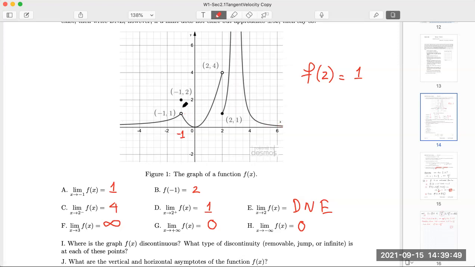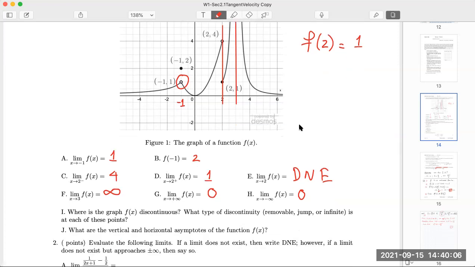It is discontinuous at this point and at this part, when x is equal to 2, and here x is equal to 3. So there are 3 different points that are discontinuous. Very good.